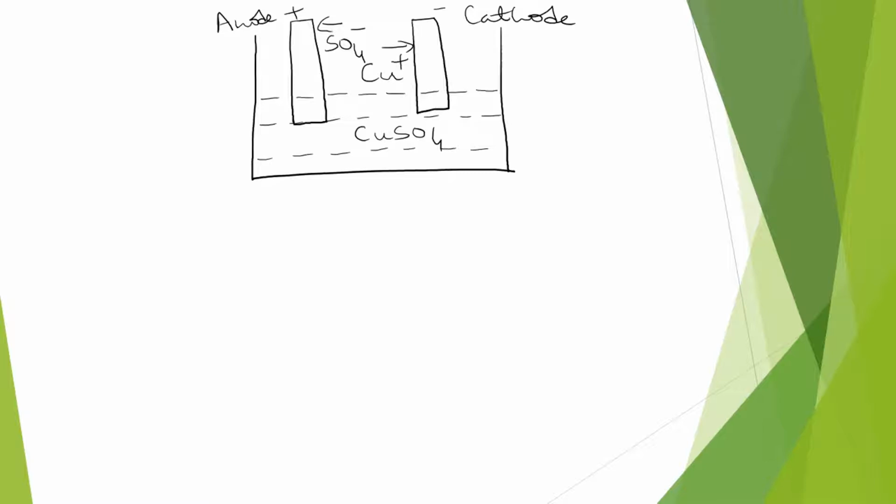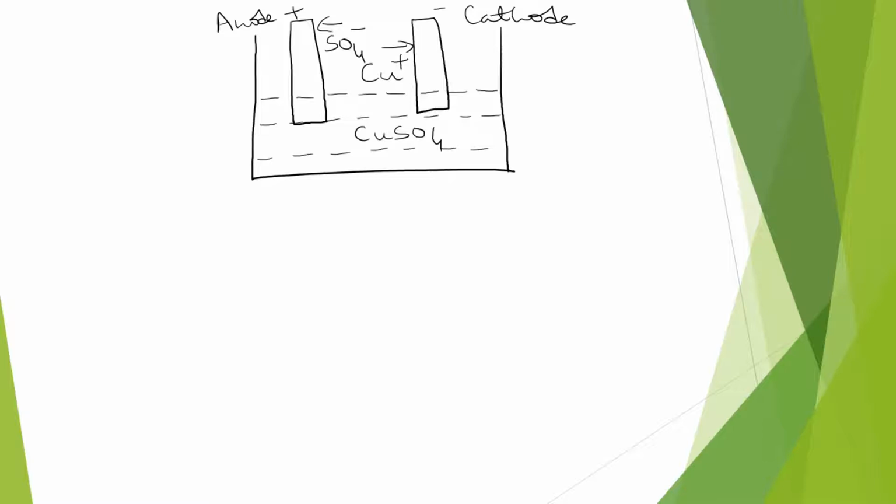And once they reach the electrode, they give up their respective charge and become ordinary molecule. So copper will be deposited at the cathode electrode as metal, whereas sulfate ions will be collected at the anode and will react with the water, giving rise to oxygen.